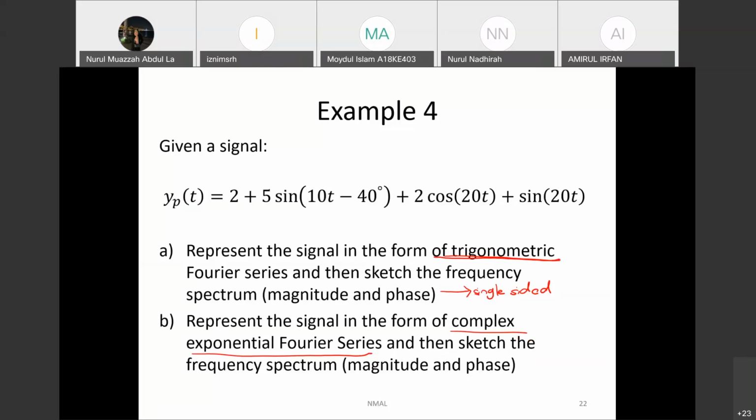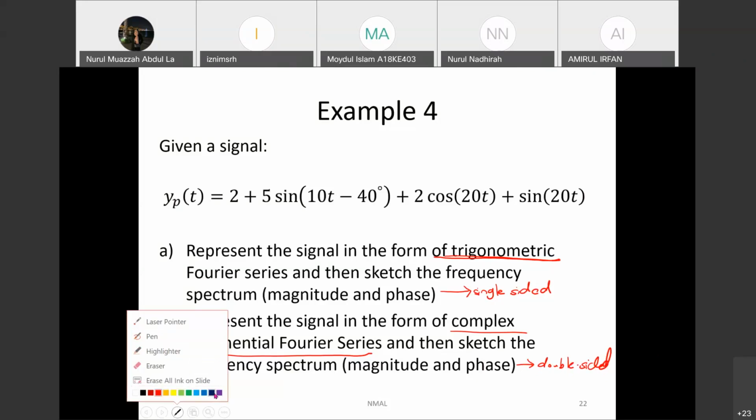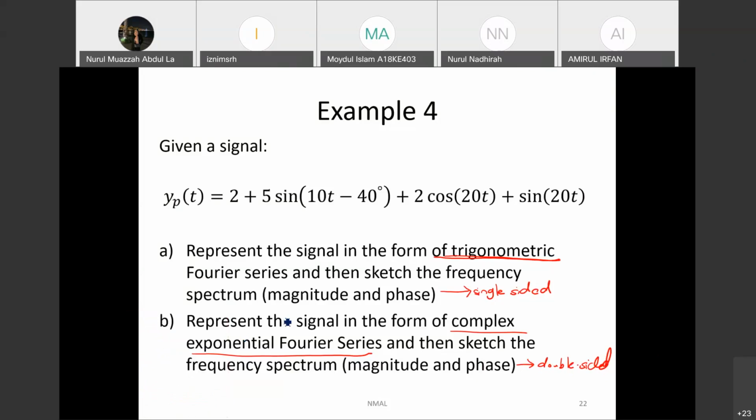Normally the question will not mention magnitude and phase here. When it says frequency spectrum, automatically you know it consists of both magnitude and phase. So for now, this is double-sided. Once you read the question, understand the question first, and then you can proceed to plot.